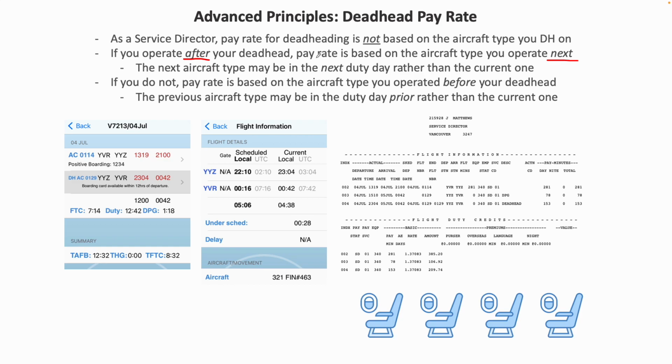And this applies whether you operate after your deadhead in that same day, or you deadhead on one day, have a layover, and then operate on the next day. In that situation as well, the deadhead rate would be based on the aircraft type you operate next. And that's how we have the additional point that the next aircraft type may be in the next duty day rather than the current one, and the same principle applies.